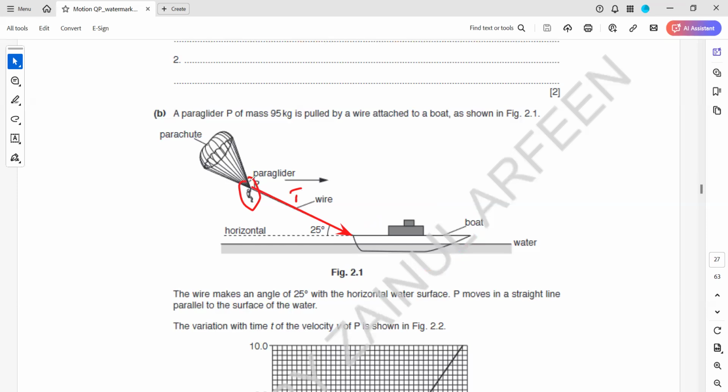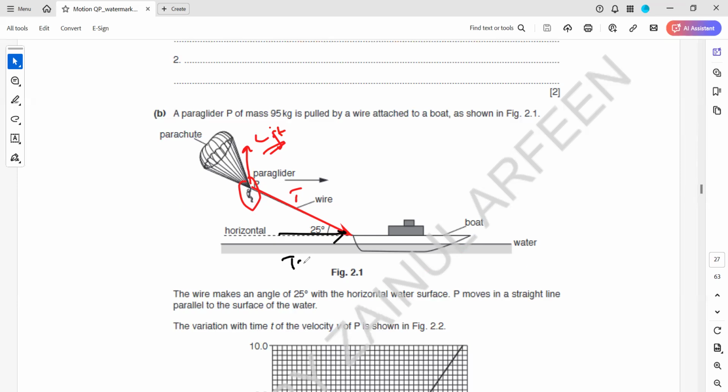They want us to calculate the force of the lift. The glider did not change position, so the lift is the total upward force that will be balanced with the total downward force. This tension will have two components.